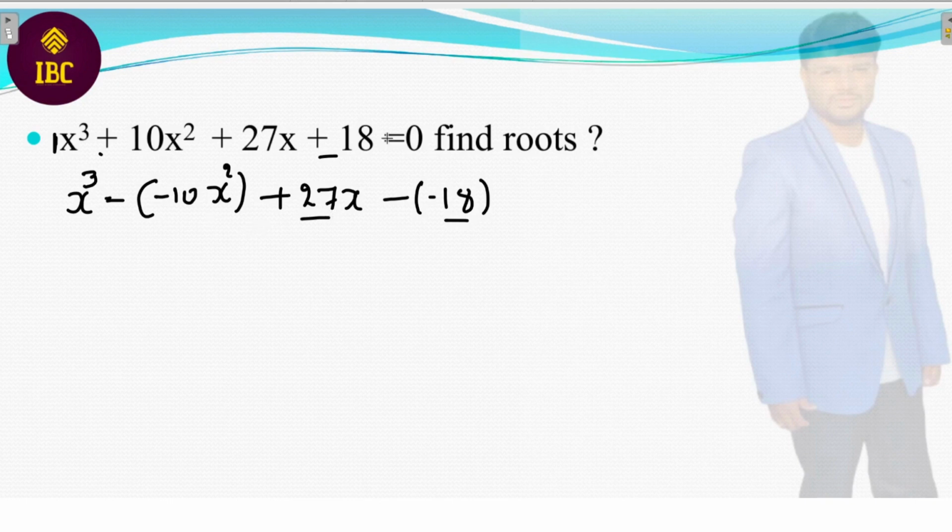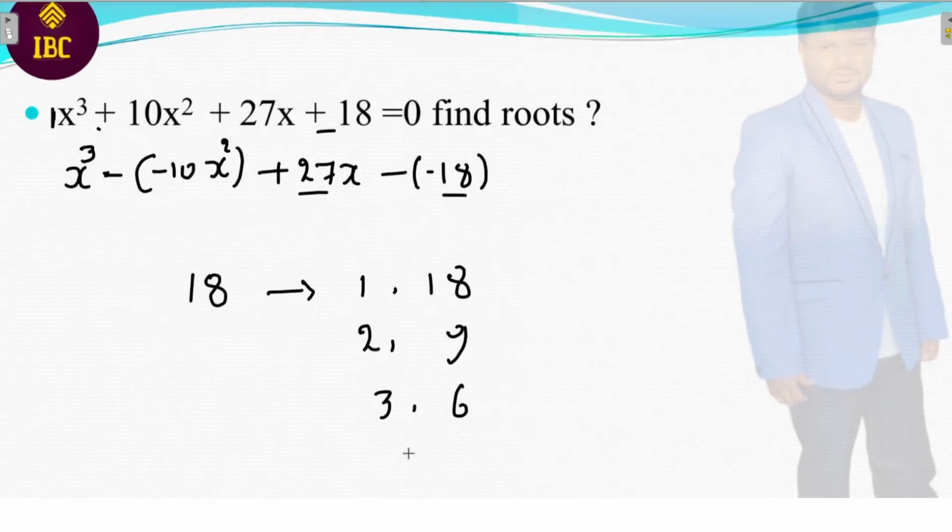What am I going to write? First, I will take d, 18. I will write the factors of 18: 1 into 18, 2 into 9, 3 into 6. Again, if I multiply 3 numbers, it should be 18.